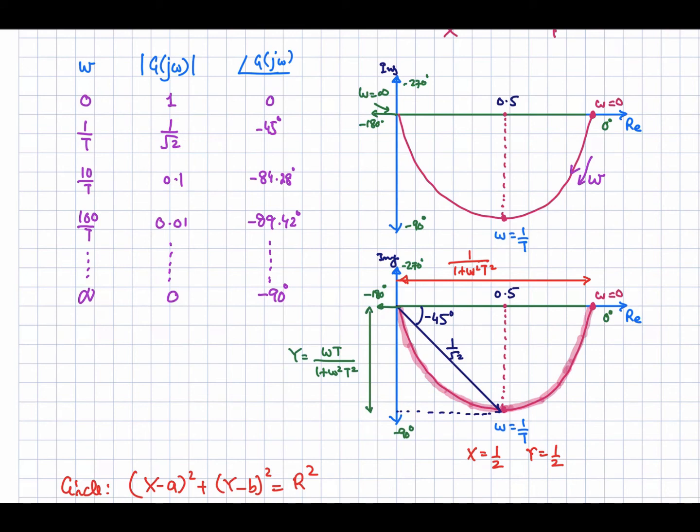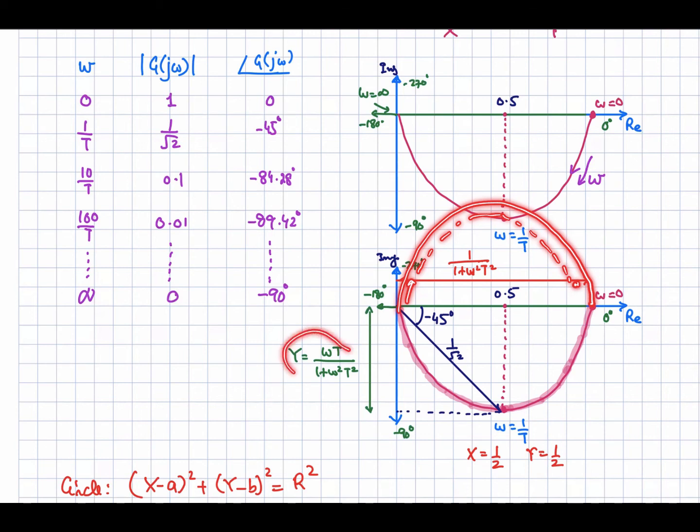So in the polar plot we consider the frequency from omega equal to 0 to infinity. You can consider the negative frequencies as well. In that case it will make a circle, because if your frequency is changing from minus infinity and is coming towards 0, this plot will be like that.